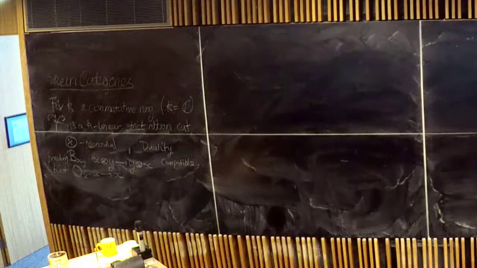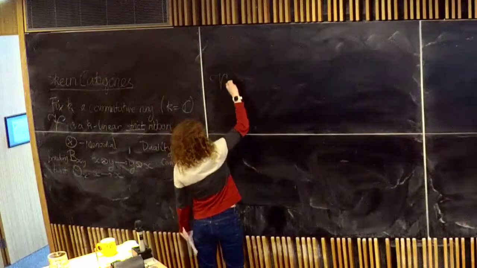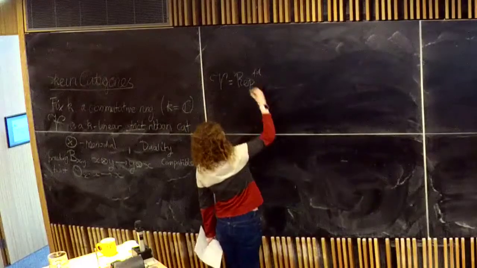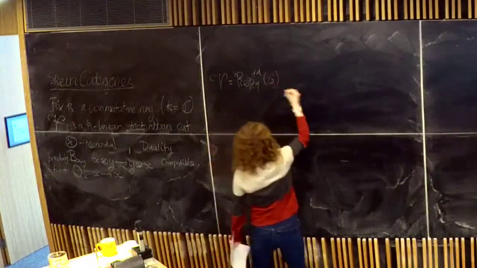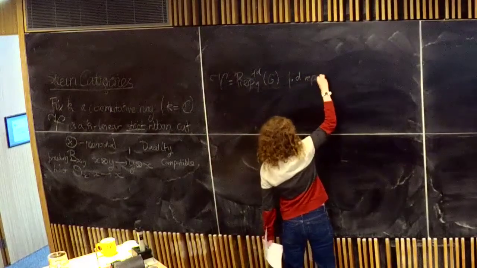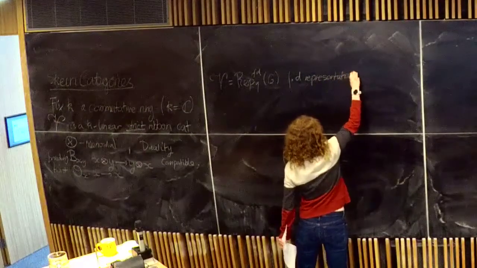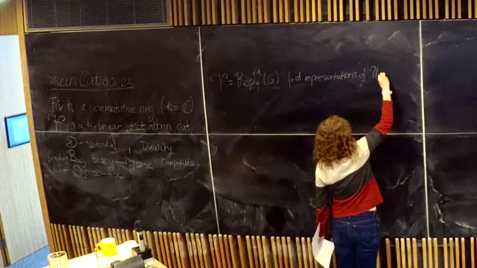So really, what I'm thinking is to set V to be the finite dimensional representations of the quantum group.